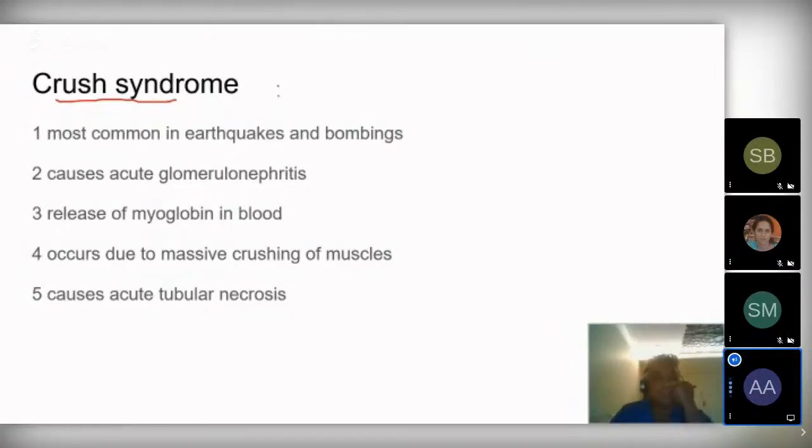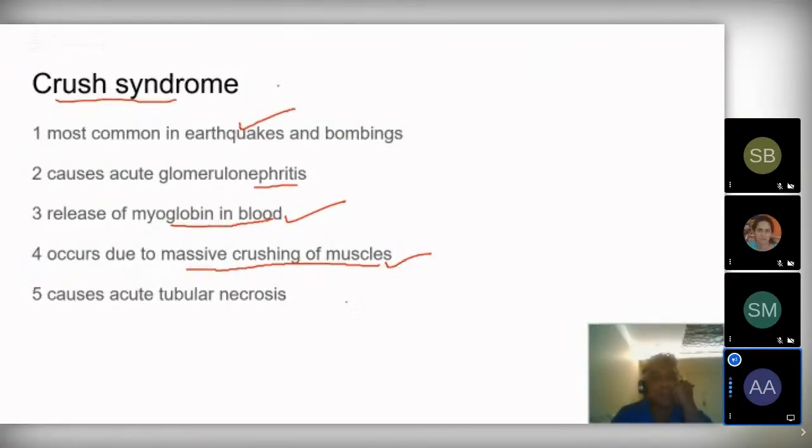Most common in earthquakes, yes. Increased myoglobin, yes. Because of crushed muscles, there is release of myoglobin into the blood. Correct, due to massive crushing of the muscles, no doubt.